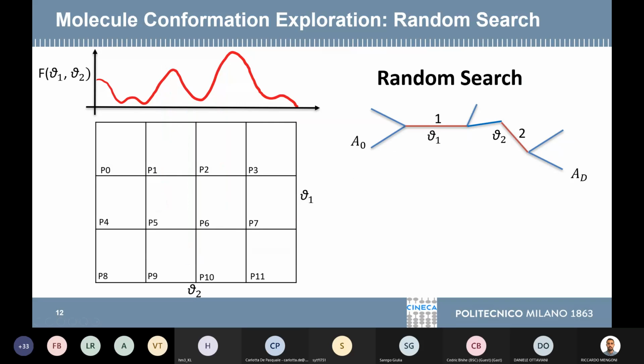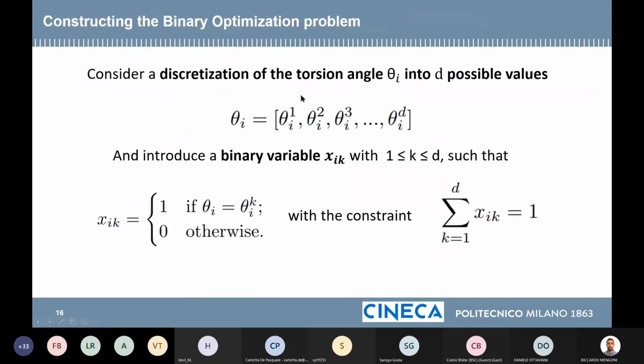Okay, let me go to the definition. Here. Basically, when you find xik to be 1 at the end, you know that, for example, the angle theta 1 is going to be theta ik, which means theta ik is a list of possible angles.